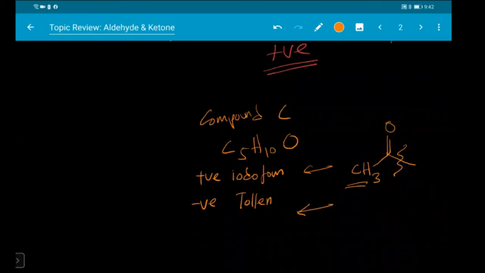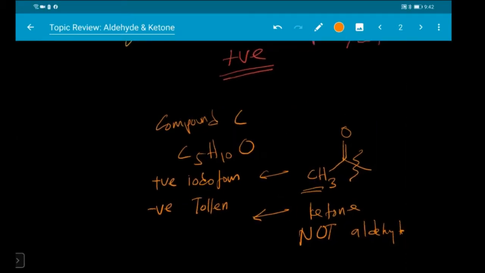Negatif bermaksud it is a ketone. Definitely it's not an aldehyde.